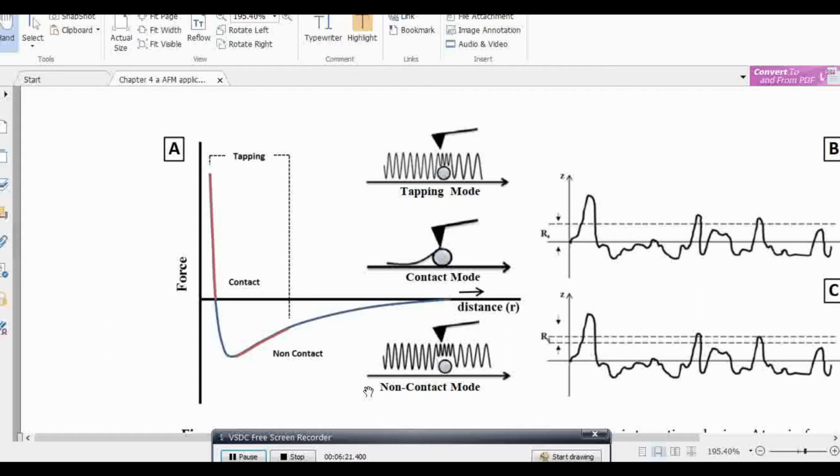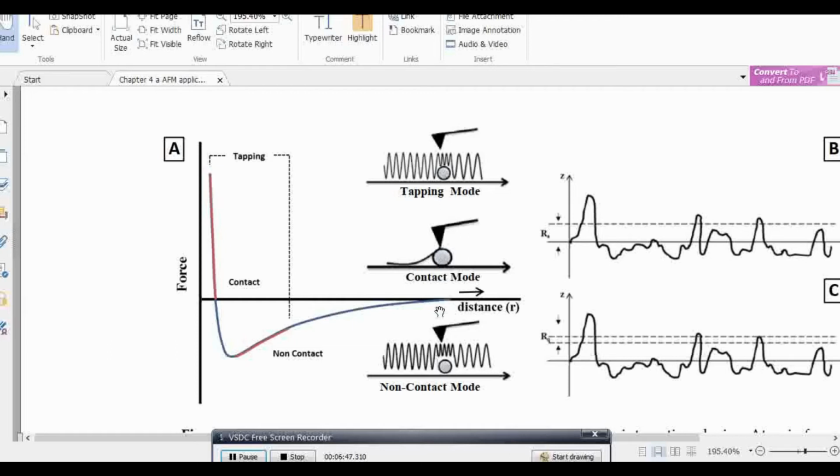Another one is non-contact mode. Non-contact mode is what we call permanently positioned, so it will not be in contact with the samples, and it is not the tapping mode either. It is scanned quite far away from the samples. The cantilever is positioned quite far away from the sample.